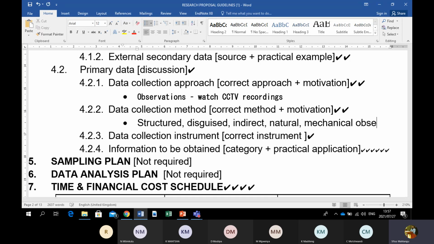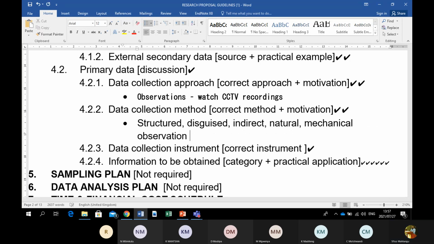That's why I was emphasizing that it's not actually 10 observation techniques. It's only two methods each time. You choose between structured and non-structured, disguised and non-disguised, direct or indirect, and so on, choosing the one that is applicable.